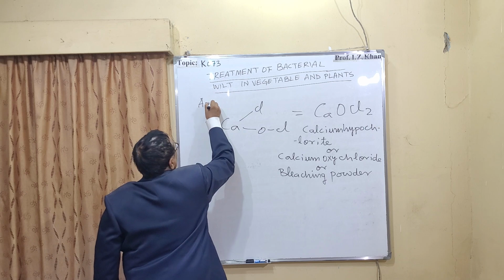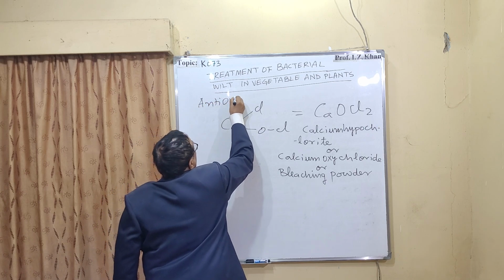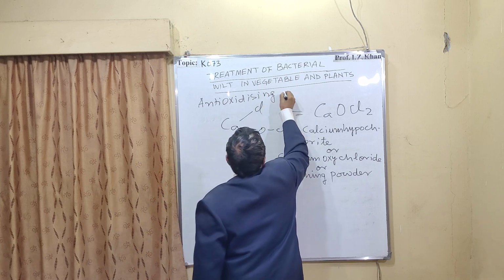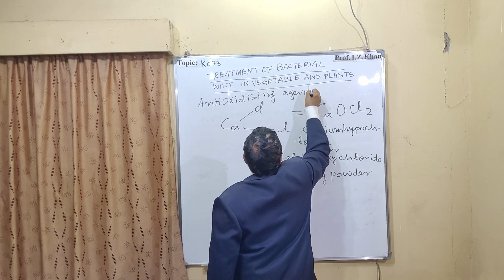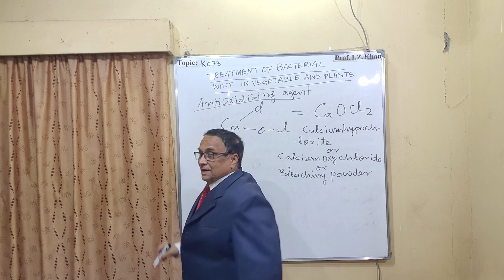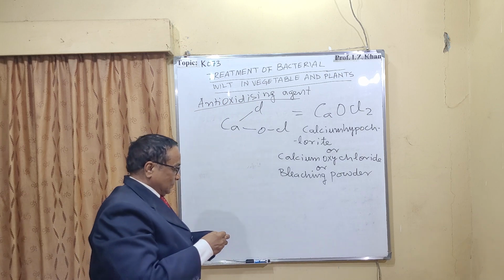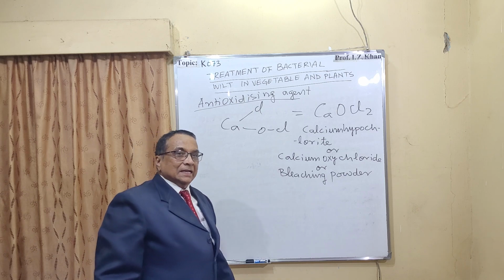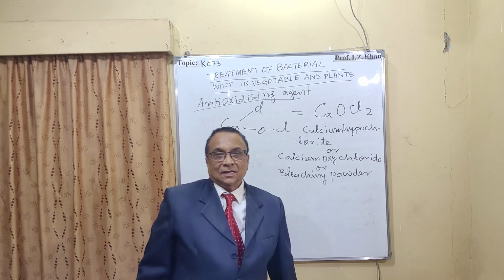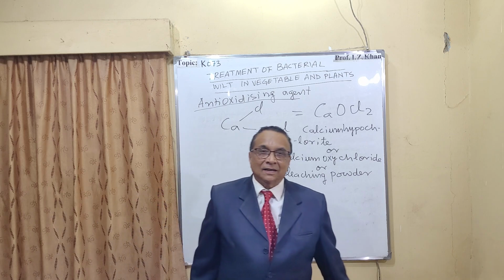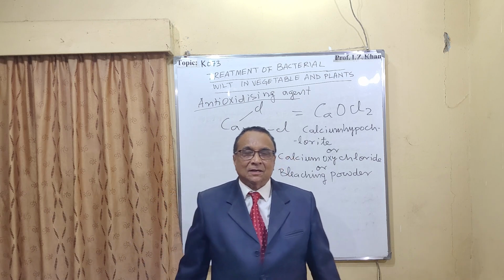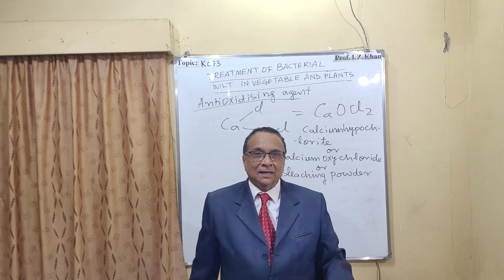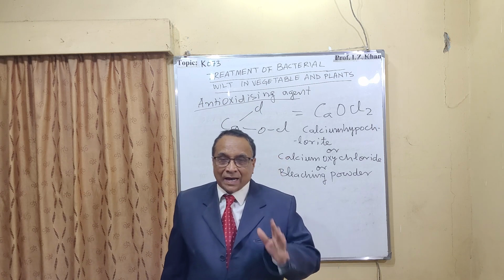This bleaching powder, or calcium hypochlorite, is widely used to treat water, to kill or destroy all the germs and microorganisms, even including bacteria, in the water.